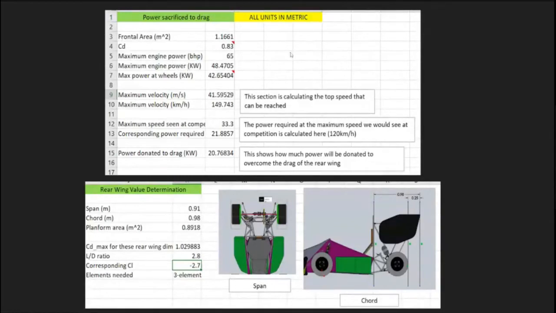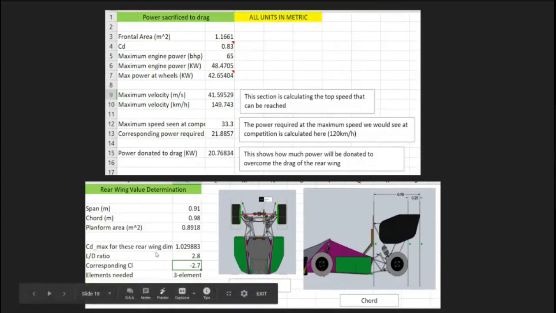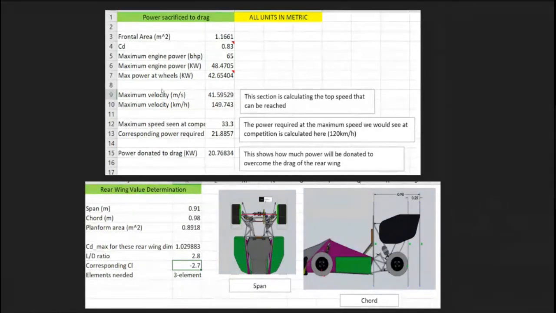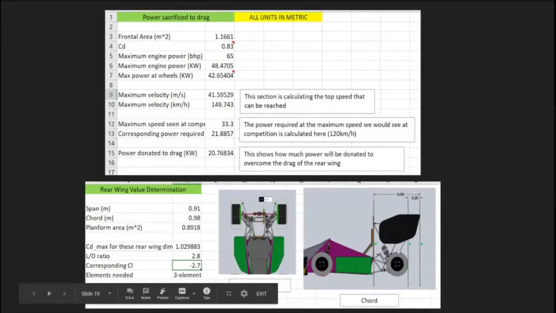We had a front area, CD, how much maximum power we were producing, how much power was donated to drag, and then from there determining the rear wing and front wing dimensions. It's just an approximation of what those calculations look like, and this was to see the actual envelope that we had for the rear wing.